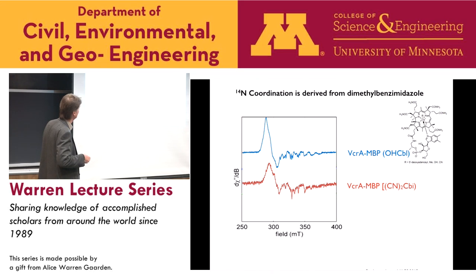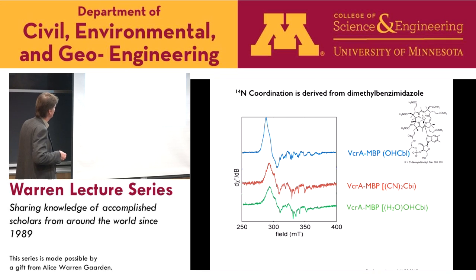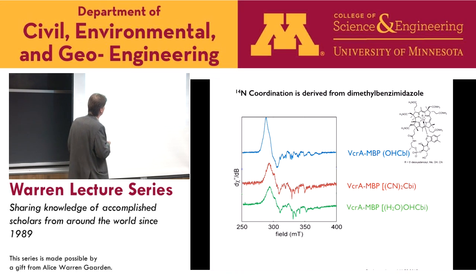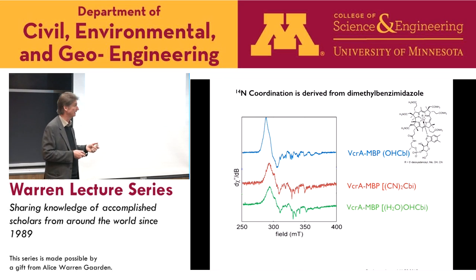If you use cyanocobalamin or aquacobalamin, we actually lose this EPR structure, which basically tells us that in the active enzyme we have an interaction of a nitrogen which comes from dimethylbenzimidazole and not from a protein histidine that interacts with the cobalt here to give us this signal. This has some catalytic implications.